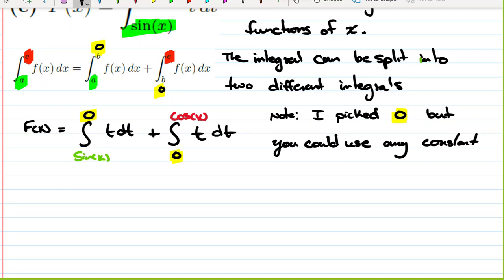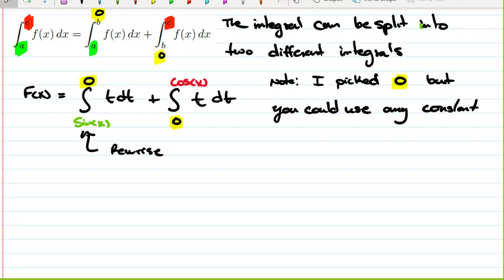And the second one is okay. We're going to have to use the chain rule, but here, this one is upside down. So we're going to need to rewrite using our properties of integrals.